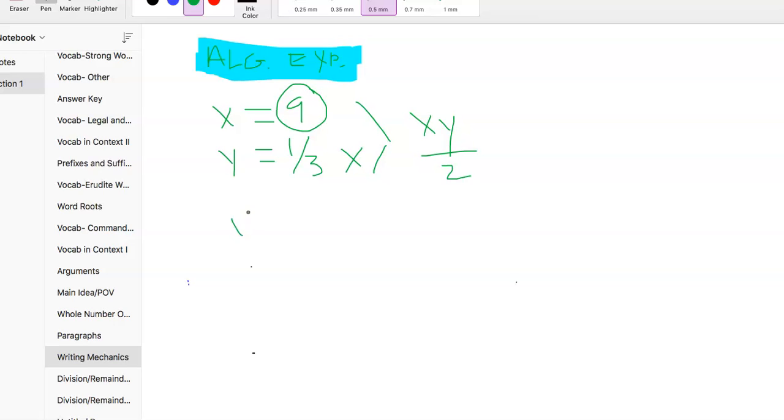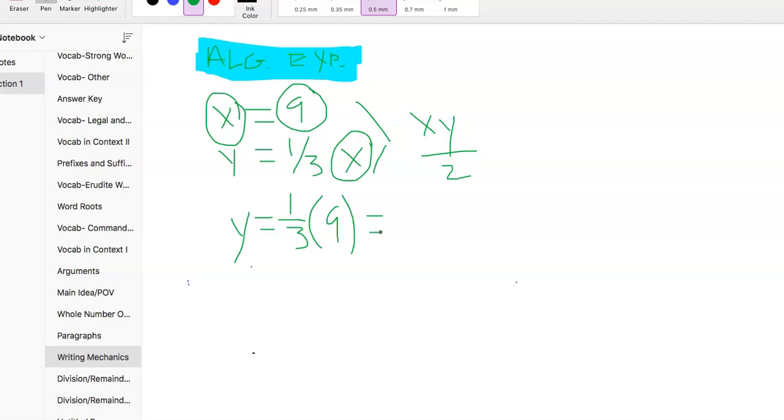If x is 9, and y equals 1/3 times x, sometimes you just got to say it a few times. Y is 1/3 times x. X is 9. So 1/3 times x is really 1/3 times 9. That's the key point.